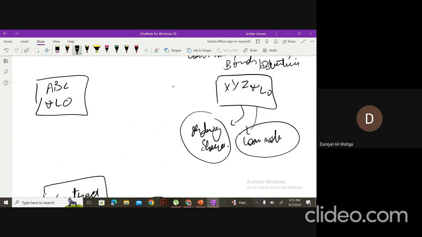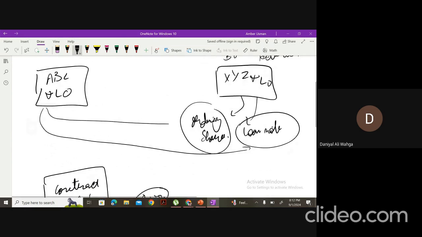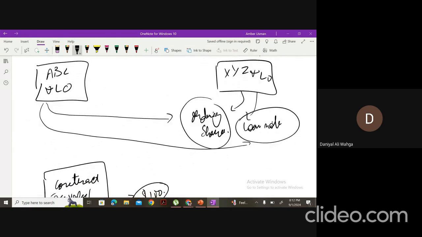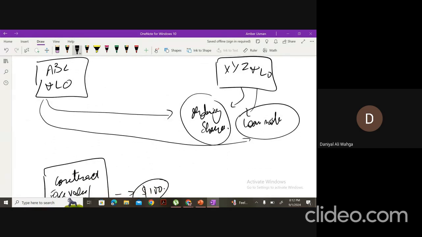And ABC and Company, being another entity, another artificial person, has acquired both of these instruments. ABC and Company has an investment in the ordinary shares of XYZ and Company, and an investment in the loan notes of XYZ and Company.